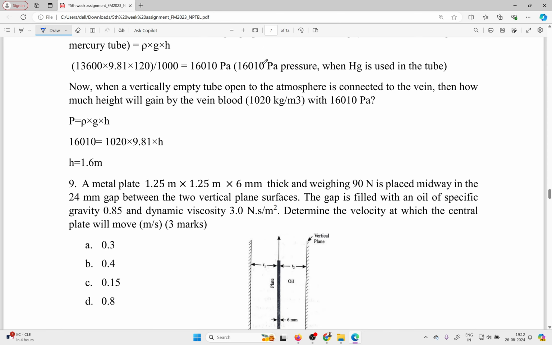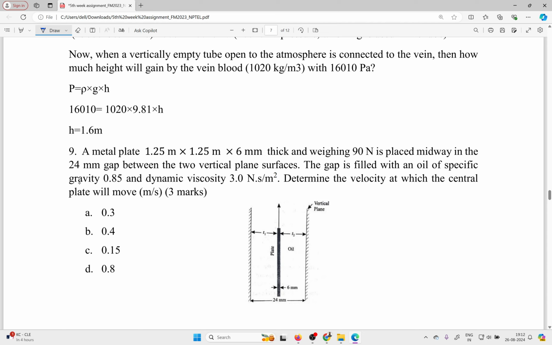Now the next question is question number 9. A metal plate 1.25 meter by 1.25 meter by 6 meter thick and weighing 90 Newton is placed midway in the 24 gap between two vertical plane surfaces.